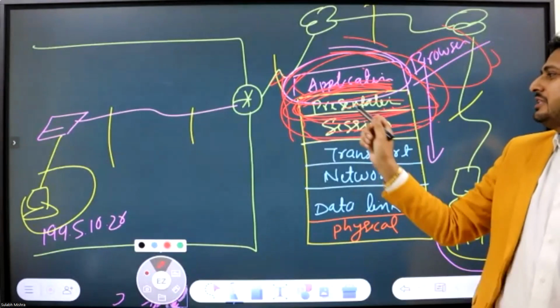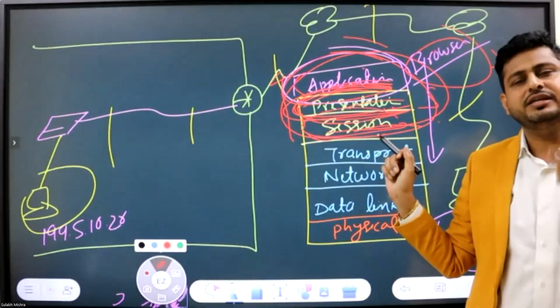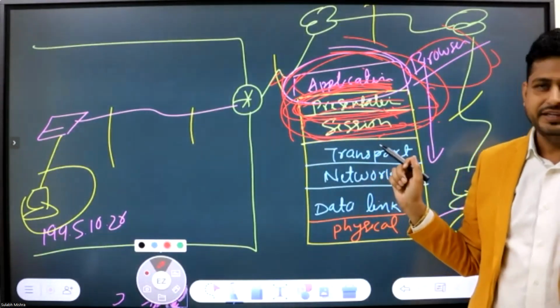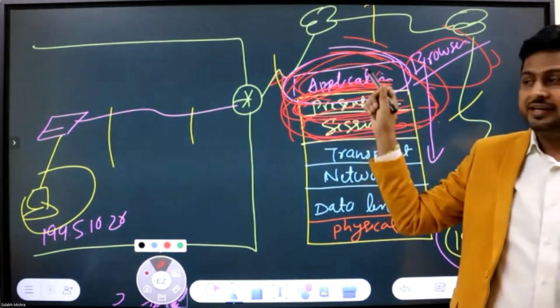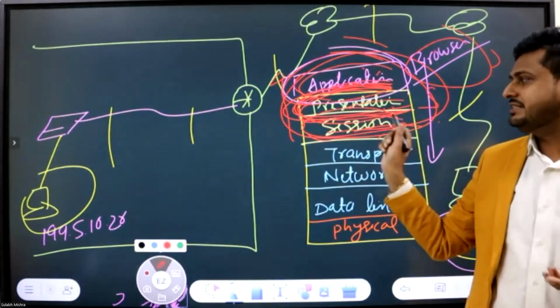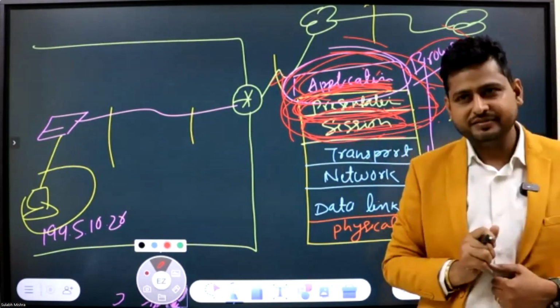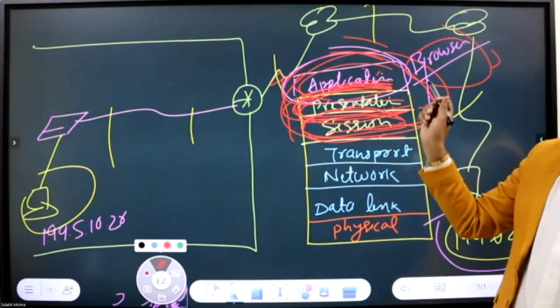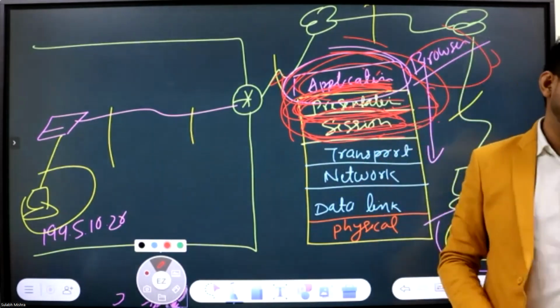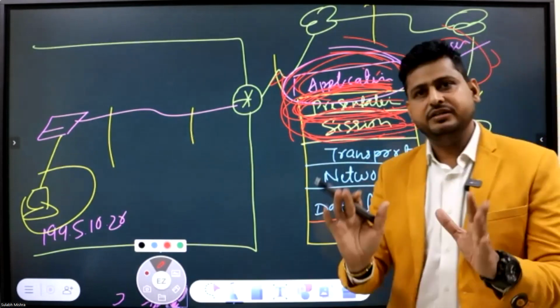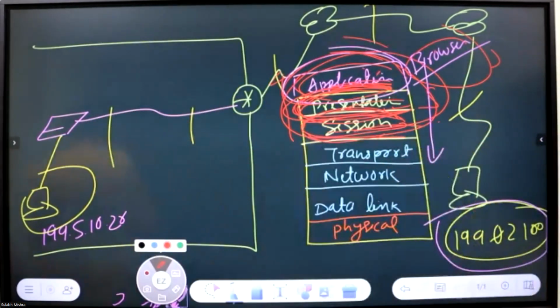Yes or no? The session layer means establishing the session. First it opens the application, then encrypts the data, then the session is established, which comes under the session layer. So whenever you talk about application, presentation and session, most of the time all three activities fall under the application. Understand?